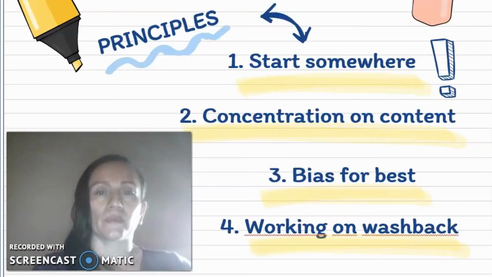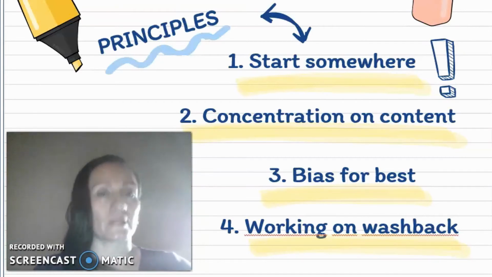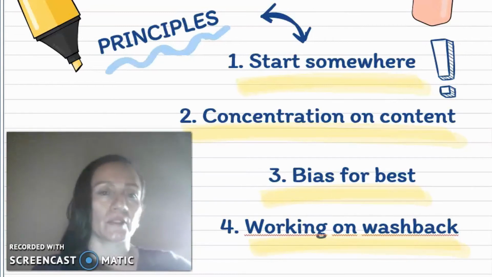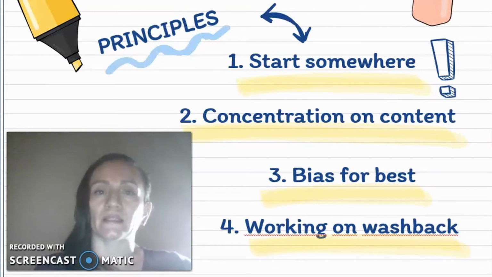The first principle is start from somewhere. Test makers must know what they want to test. The second principle is concentration on content. It refers to the topic and tasks that will be carried out.